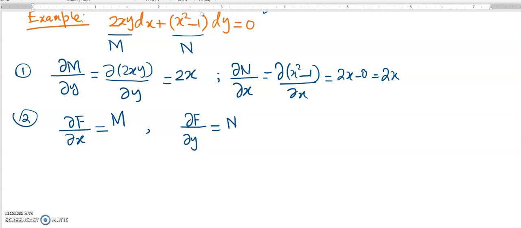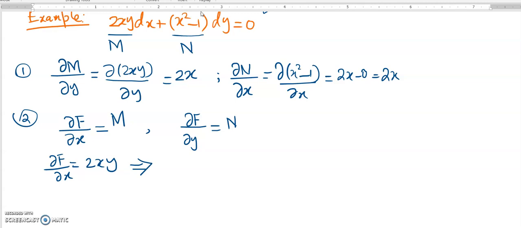So what is partial F over partial x? Partial F over partial x is equal to M, which is equal to 2xy. Since this is a partial derivative, we can find the solution by integration, because the partial derivative is with respect to x, so we can integrate this whole expression with respect to x.